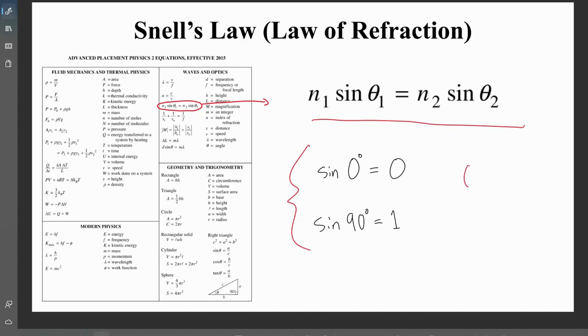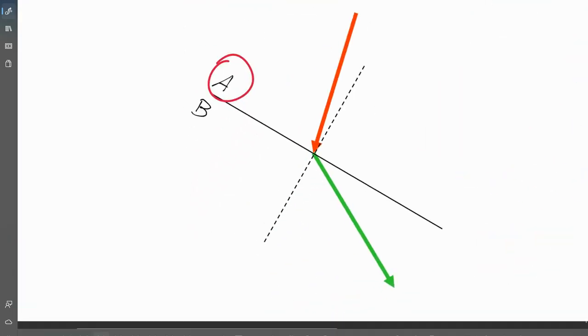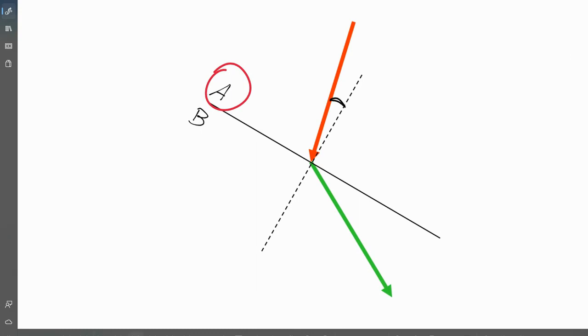So that means as theta increases, sine of theta increases. So how I was able to do this is if I know that theta goes down, that tells me that the index of refraction has to go up. So if we look over here, which one of these has the smaller angle to the normal line between theta of A and theta of B?